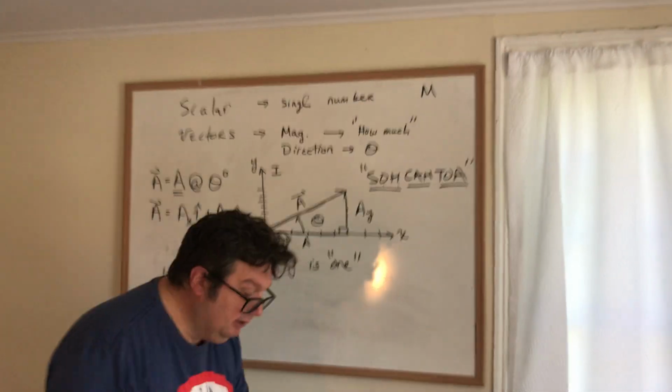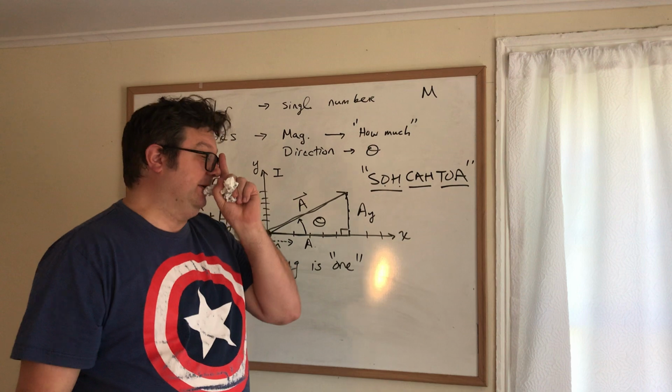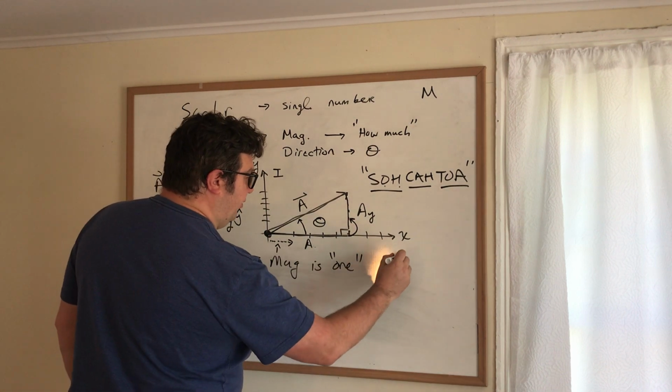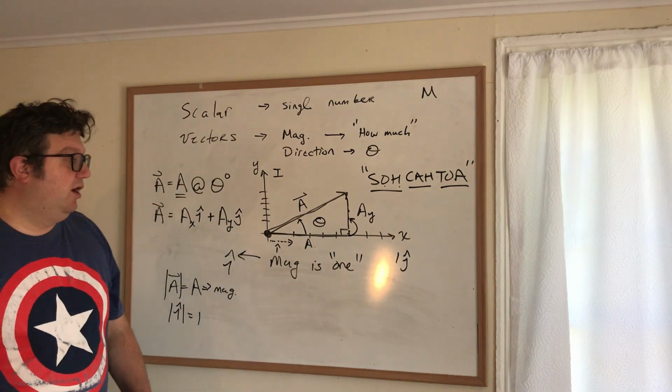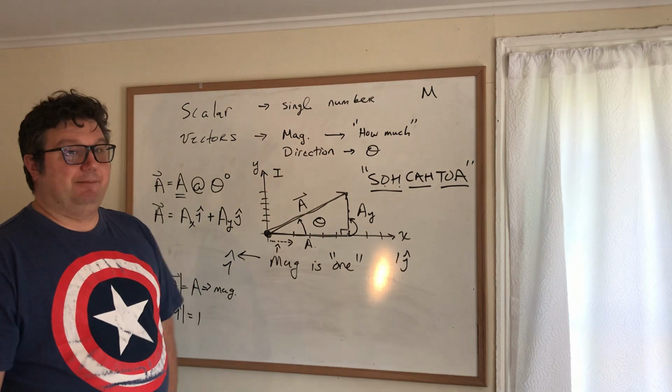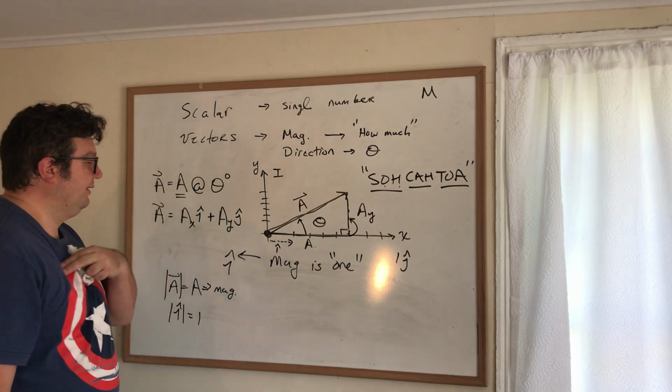So I go 1 step. Now if I go j hat, so 1 j hat means 1 step in the y direction. I would jump, but I'm afraid of what it will do to the floor. Right?